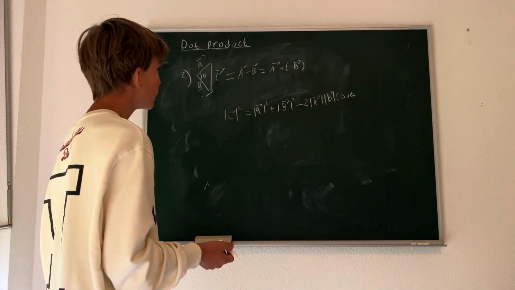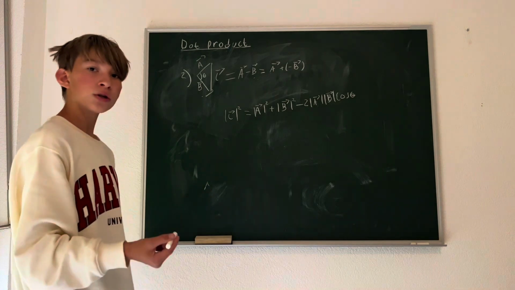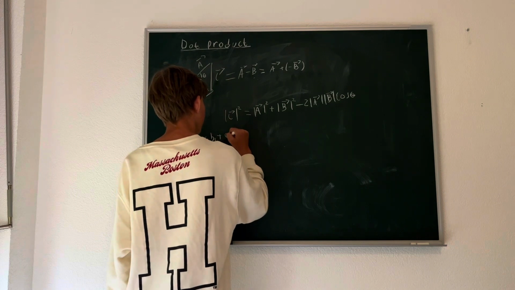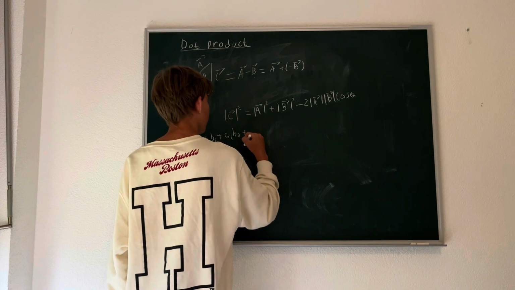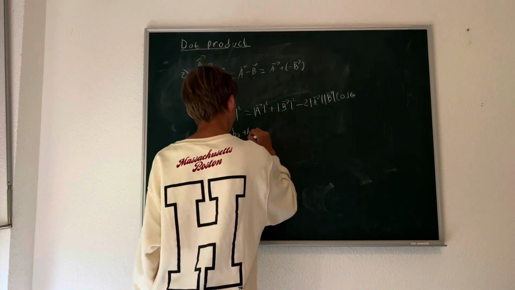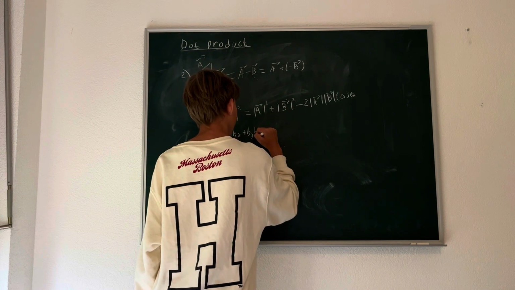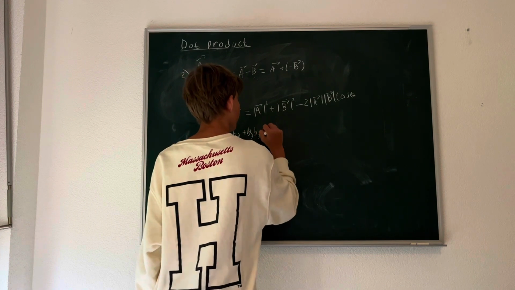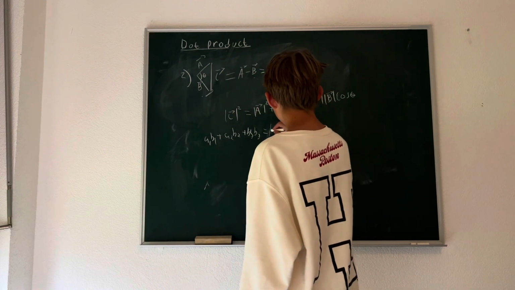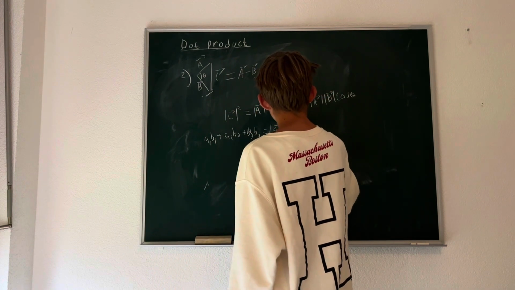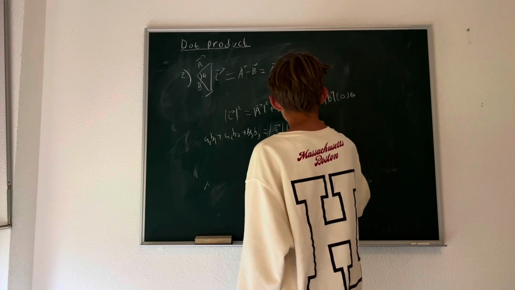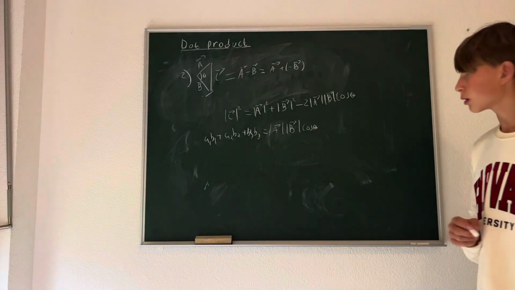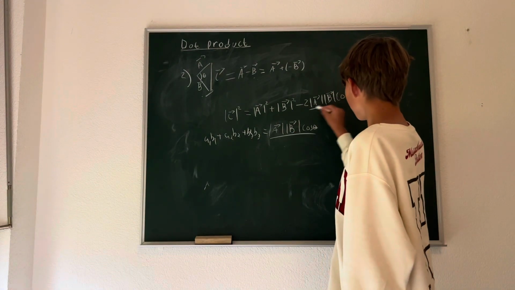So now we will see how our original dot product, A1B1 plus A2B2 plus A3B3, equals the length of A times the length of B times cosine theta.